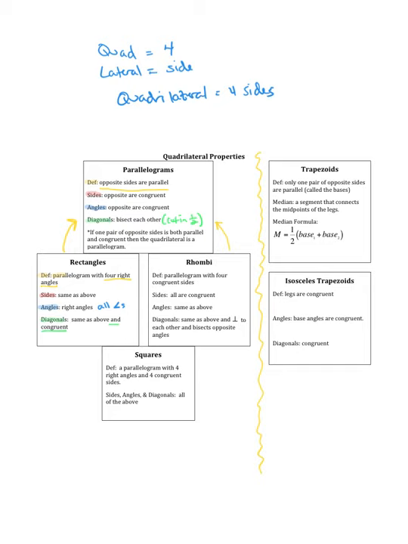So let's look. You've got a parallelogram. I'm going to continue to highlight and do my colors. The definition of a rhombus is a parallelogram with 4 congruent sides. And as we just said, all the sides are congruent.